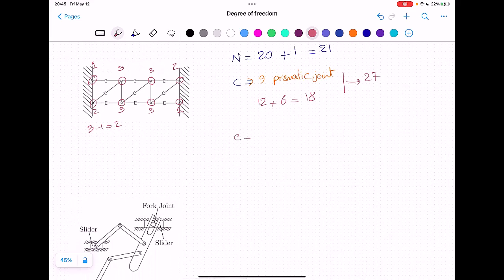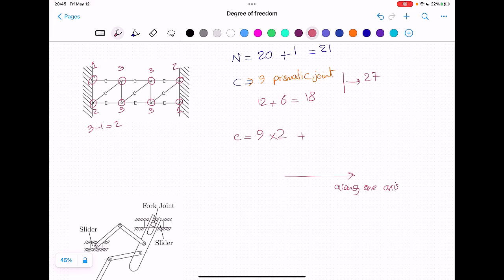Actually, we identify the constraint from this formula. We know that we have 9 prismatic joints. As you know, a prismatic joint allows you to move along one axis, but it constrains you and doesn't allow you to move along another axis or rotate around one axis. So you don't have another freedom.